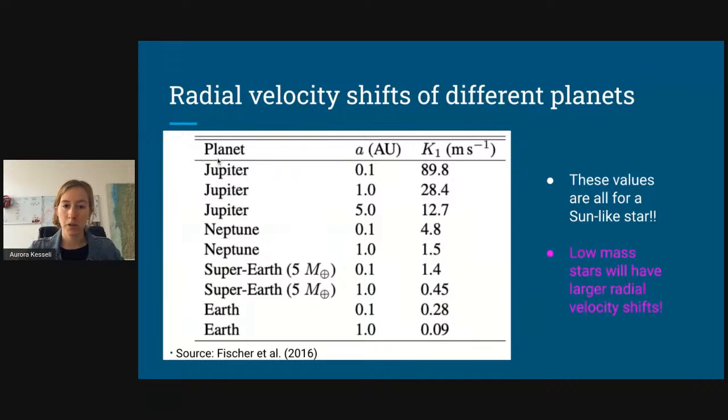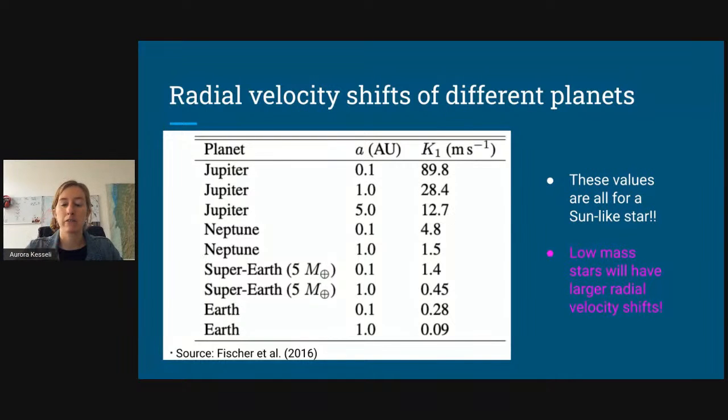So this is telling us the maximum velocity shift that the star is going to have. For a Jupiter type of planet at 0.1 AU, so this is really close, we're going to see a velocity shift of about 90 meters per second. If we put Jupiter at its true orbital distance in the solar system, about 5 AU, we see a velocity shift of about 12 meters per second.